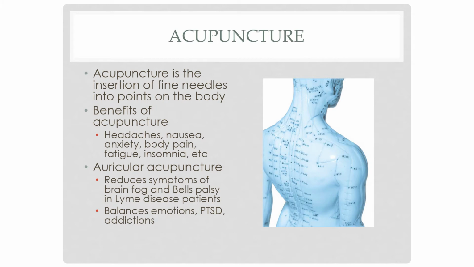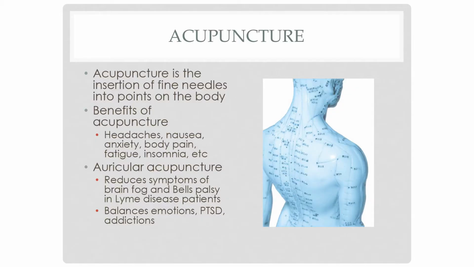So I'm going to go very briefly through the different modalities, like the toolbox that acupuncturists have. Not every acupuncturist uses all of these, and there's plenty more that I don't use. But these are modalities that can really be quite beneficial for Lyme.